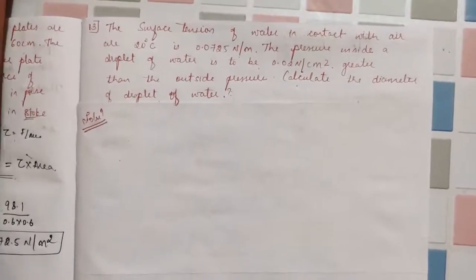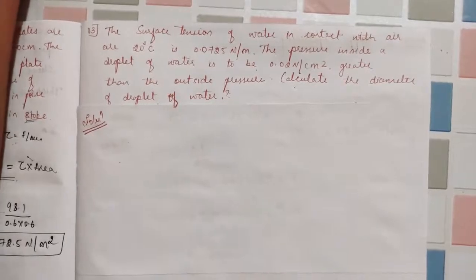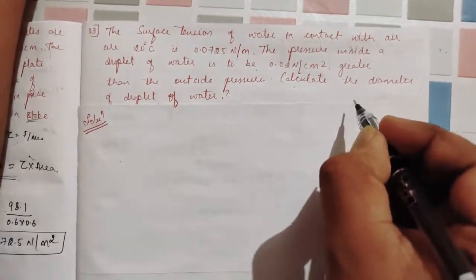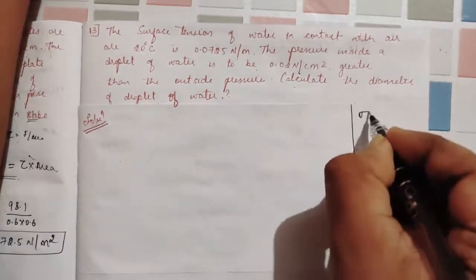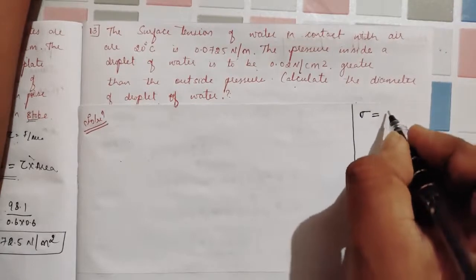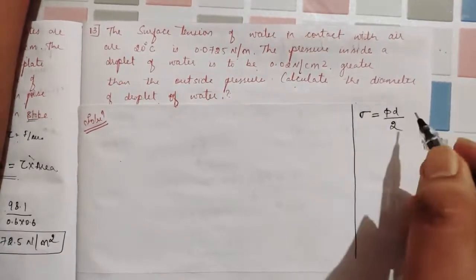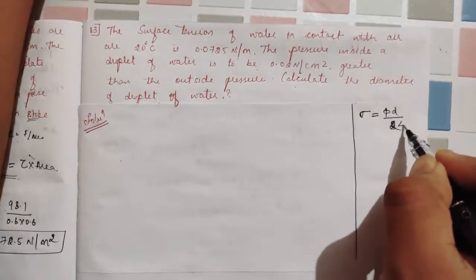So the next problem is on surface tension. Whenever the concept of surface tension comes, you should remember some of the formulas. What is that? Surface tension is equal to PD by 2. Okay, it's not PD by 2, it's PD by 4.